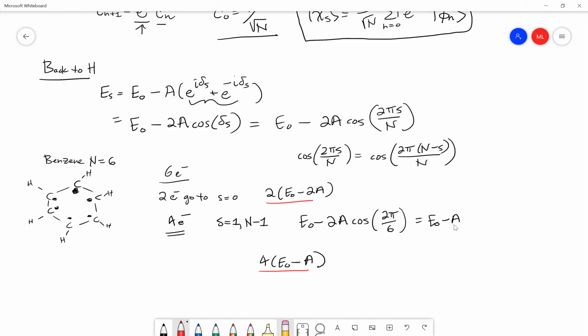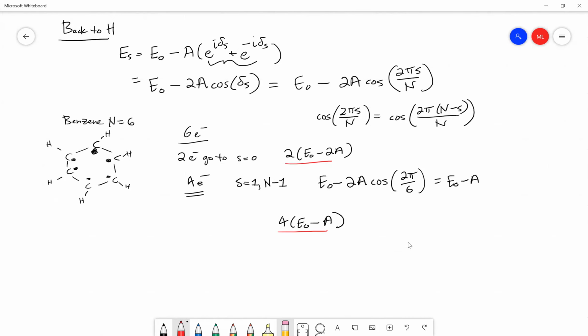And so overall, what's the ground state of benzene? The ground state of benzene in this model is, you get 2 electrons in that ground state, and you get 4 electrons in this next excited state. And that gives us a total of 6 E0 minus 8a.